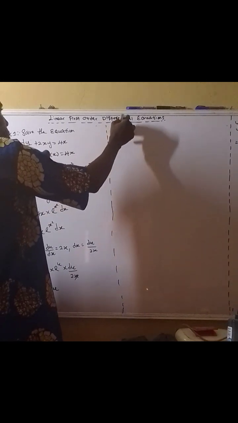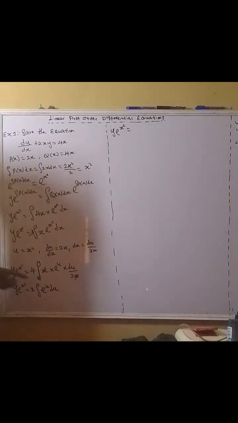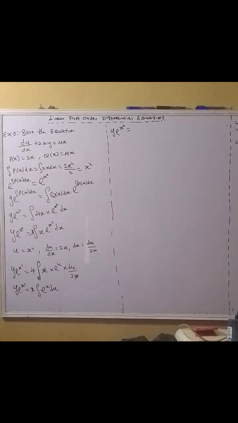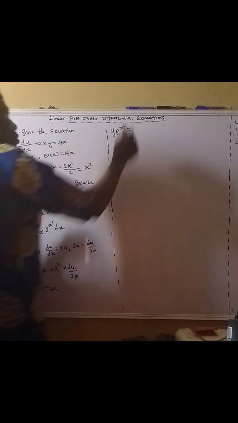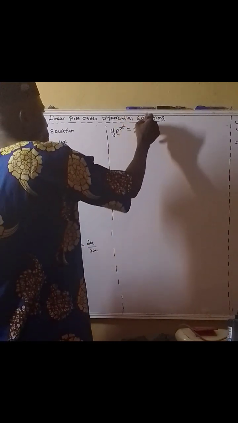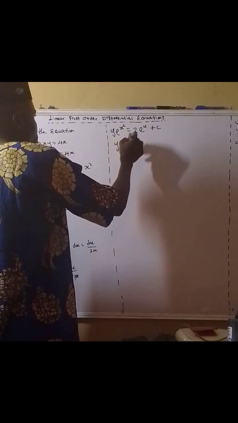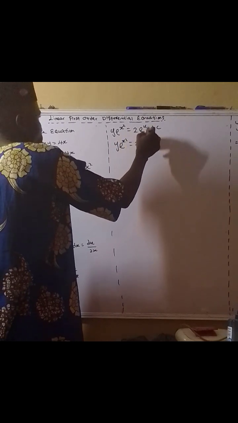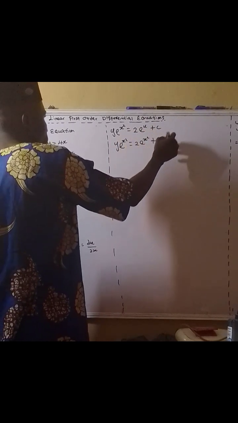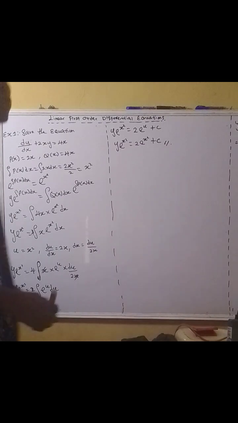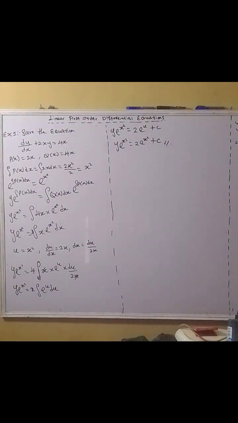If you integrate e raised to power u, you still have e raised to power u plus c. So that will be 2 e raised to power u plus c. So y e raised to power x squared is equal to 2 e raised to power x squared plus c. So that's the general solution to this linear differential equation.